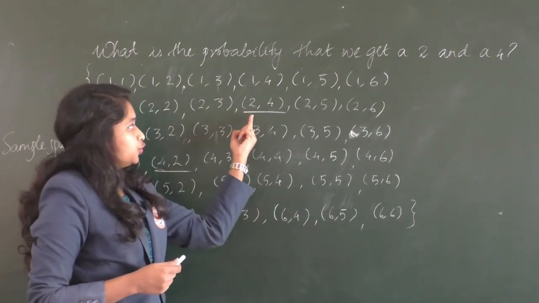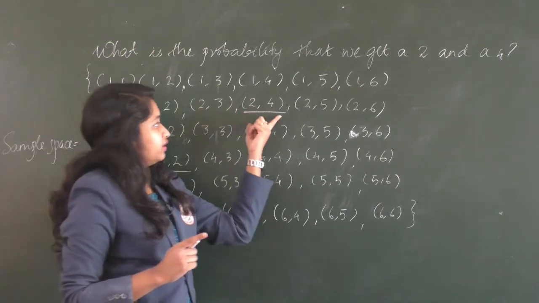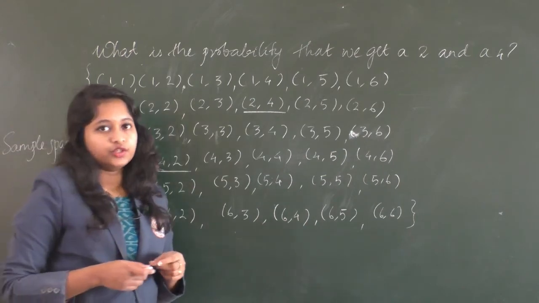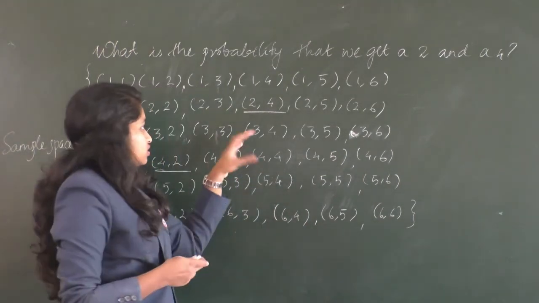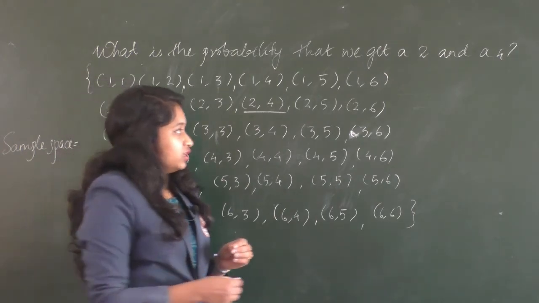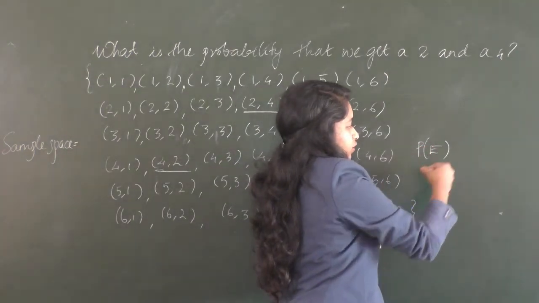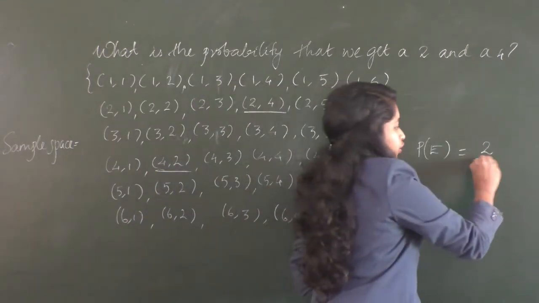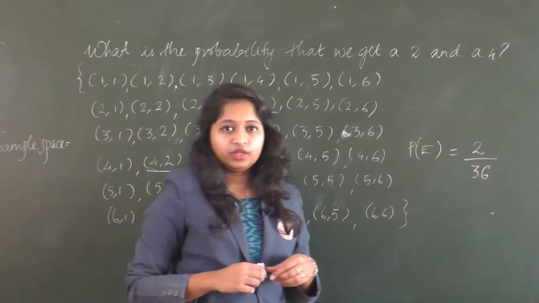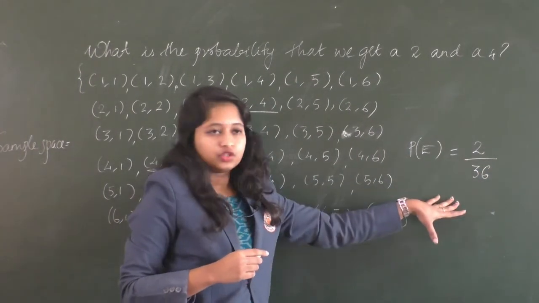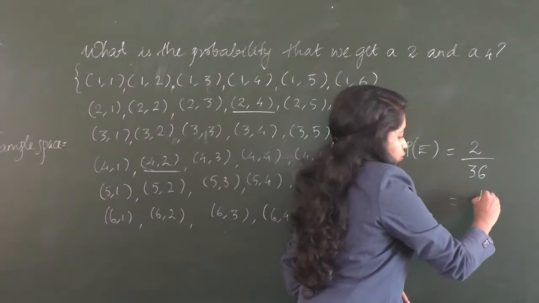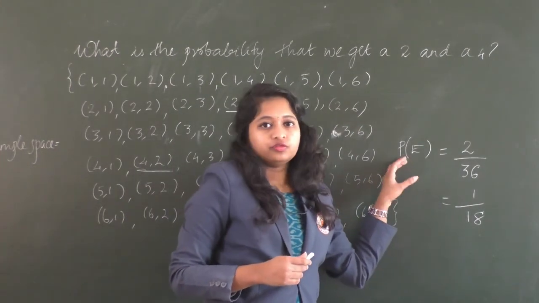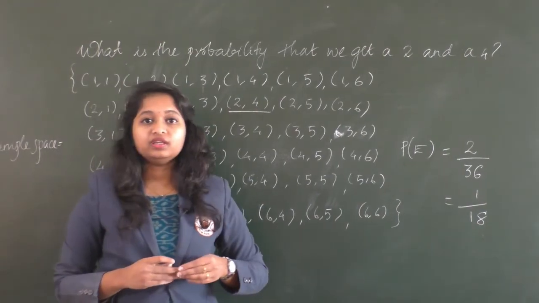You can get a 2 first on one dice and 4 on the other dice, or you can get a 4 on one dice and 2 on the other dice. So, the favorable outcome is 2. That means the probability of that event would be favorable outcomes, that is 2, divided by the total number of outcomes, 36. And we can reduce this fraction as 1 by 18. So, the probability of this particular event would be 1 by 18.